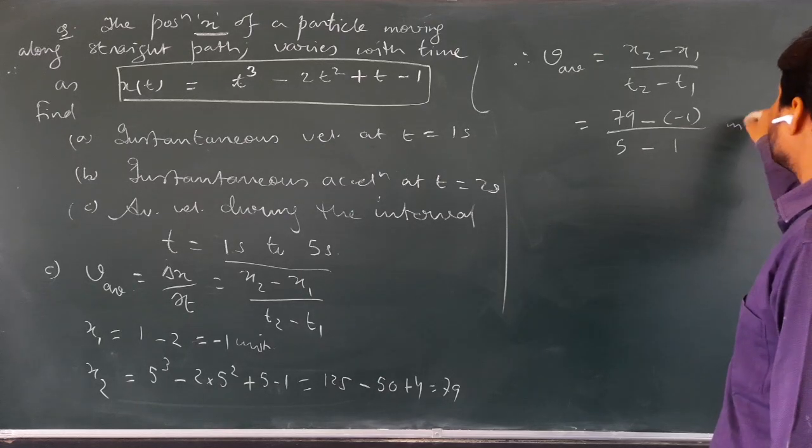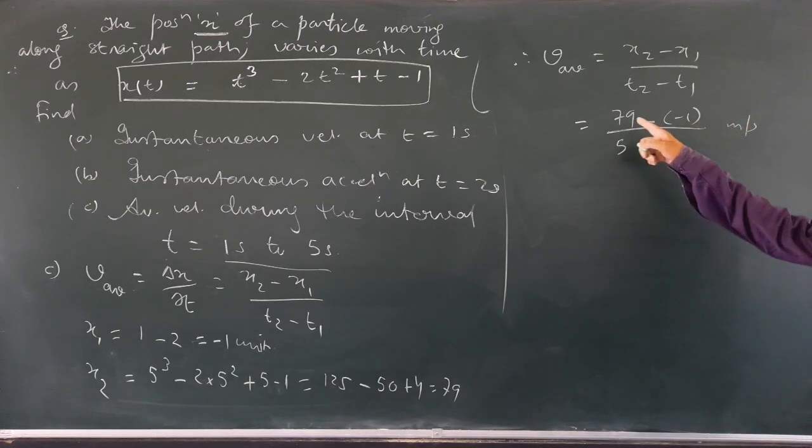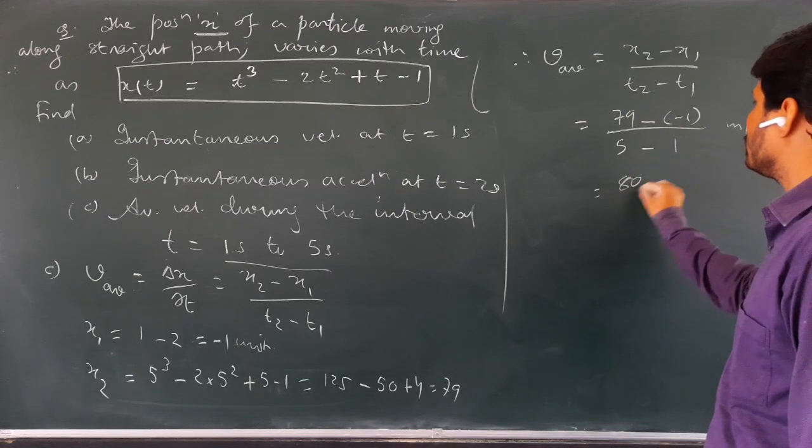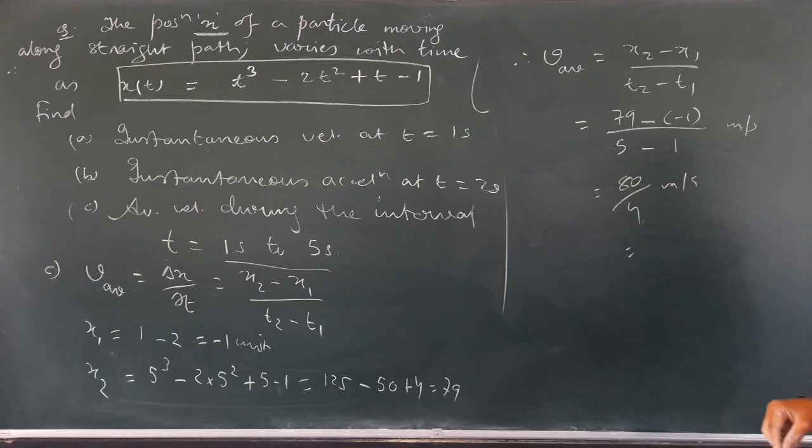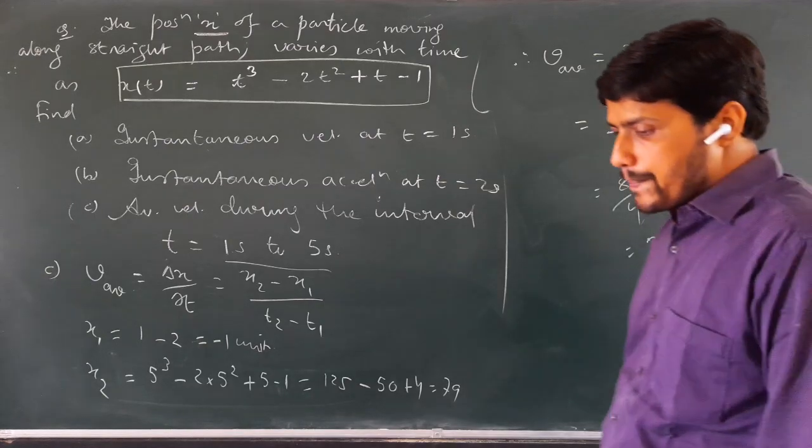So in SI system, the unit will be meter per second. So this becomes 80 by 4 meters per second. Now this can be simplified. This 80 by 4 is 20 meters per second.